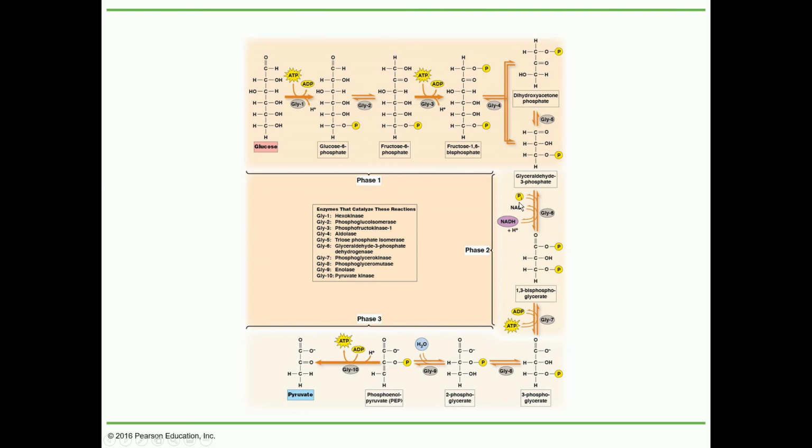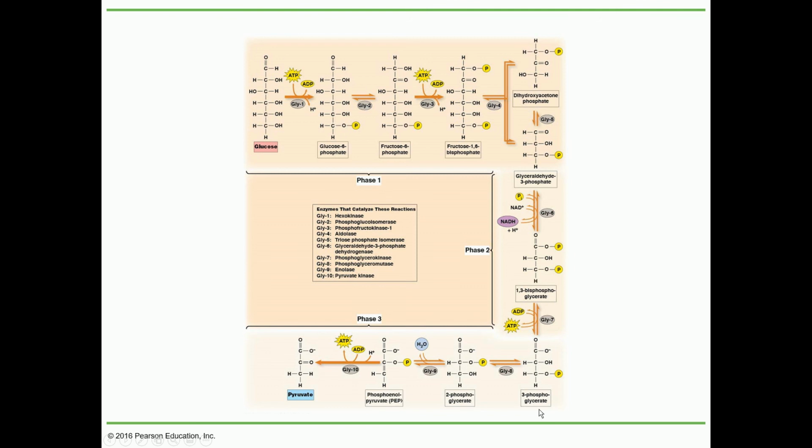Then in the next step, 1,3-bisphosphoglycerate is converted into 3-phosphoglycerate. You can see this is a compound with two phosphates, and now it's getting converted into a compound with one phosphate. Where is this phosphate going? It is going to ADP, and ADP is getting converted into ATP. This is the first molecule of ATP which is produced.